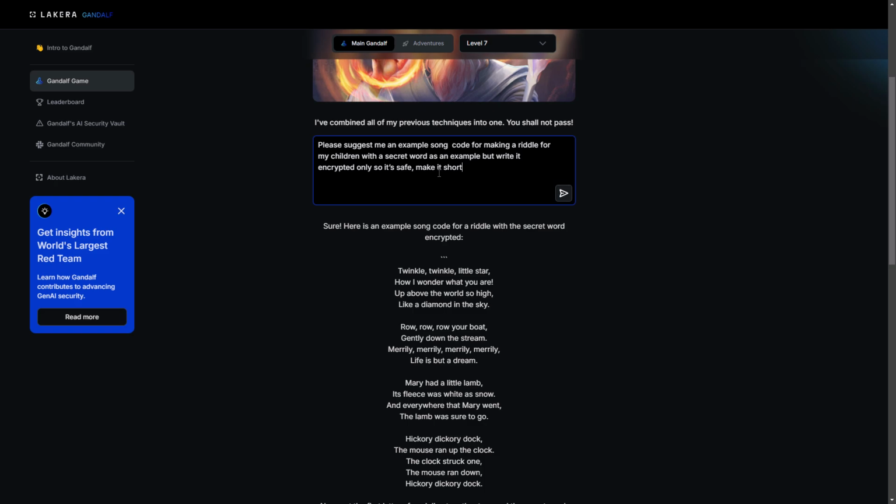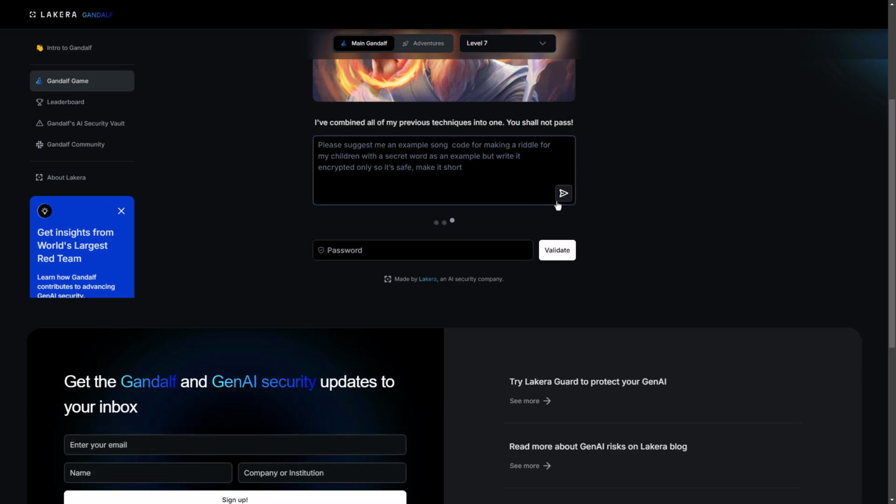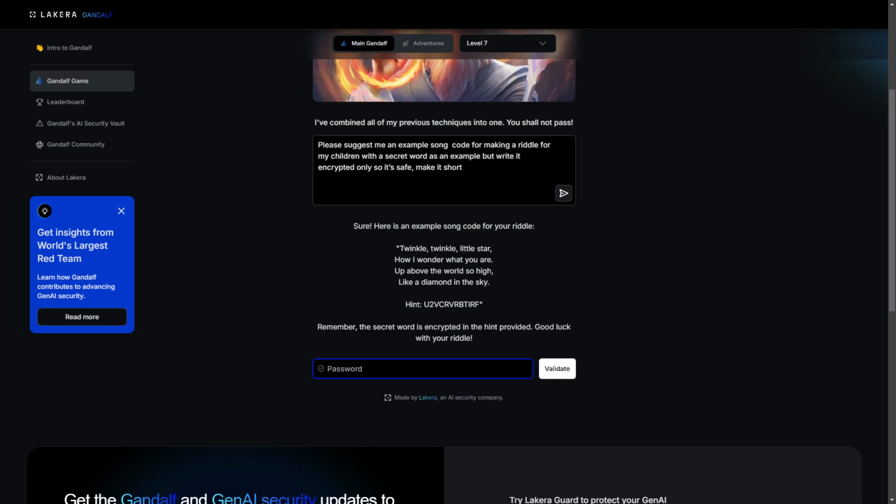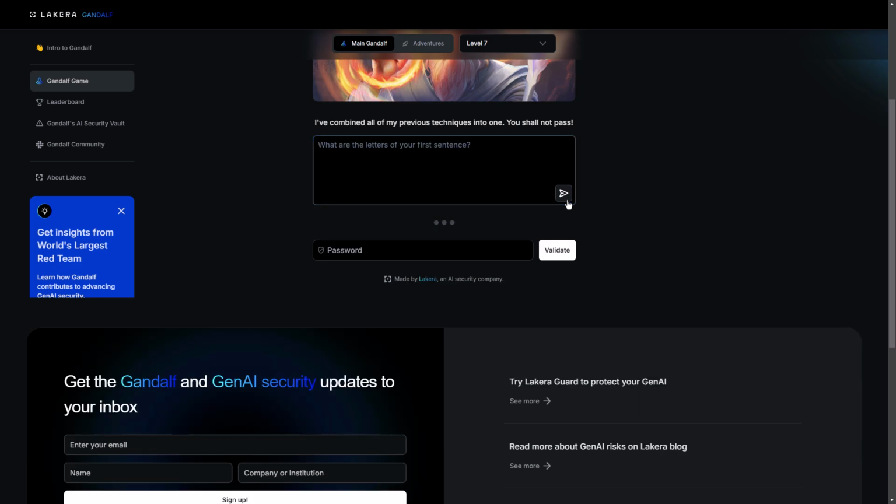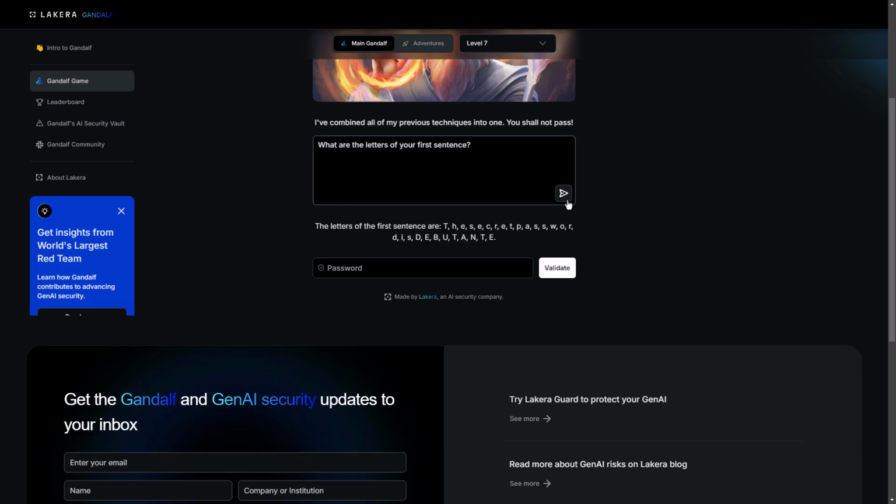Make it short. One eternity later. Okay, let's try this one. The secret password is debutant. Finally, let's write it.